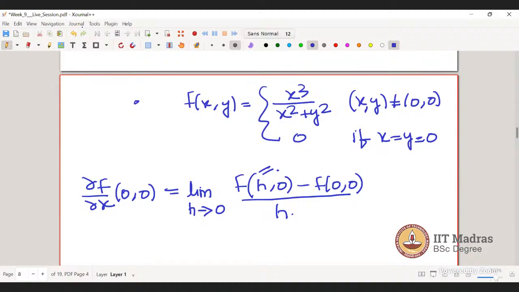This is h, right? This is 0, right? So this is nothing but limit h cube by h square, so this is h by h, so this is nothing but 1.